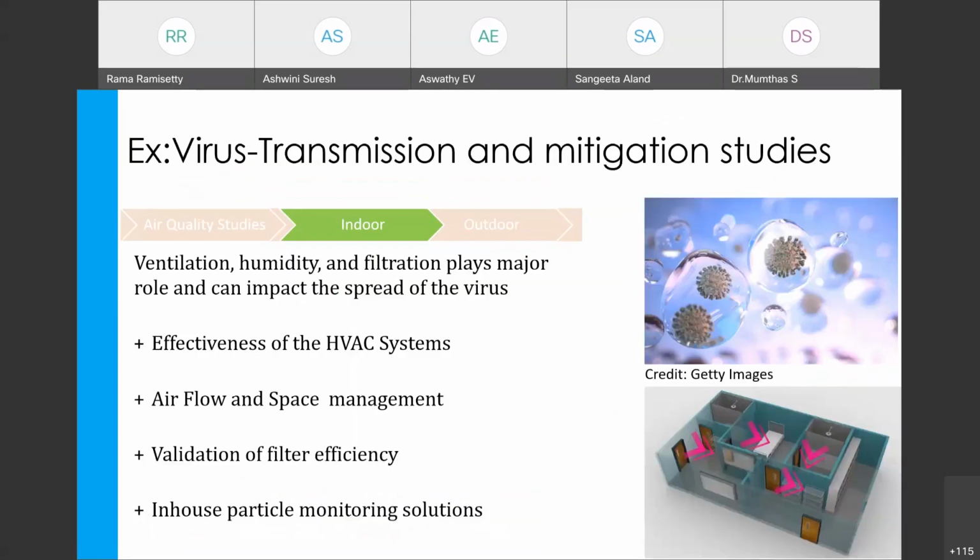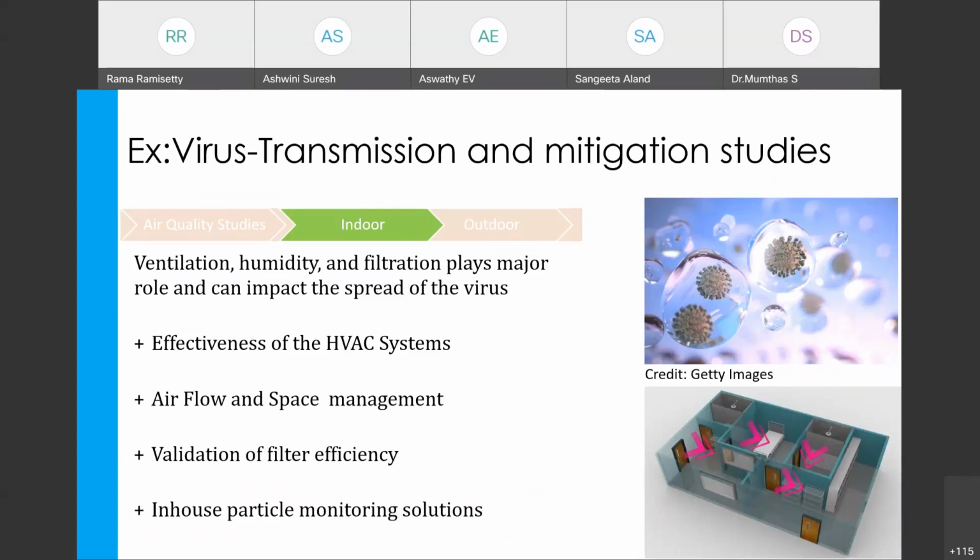In recent days, we have seen a lot of publications and a lot of governments also act. For example, the German government in the month of November issued some regulations for ventilation, humidity, and filtration, how it should be in public offices and also at home.